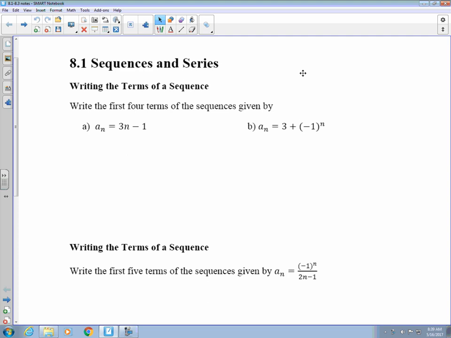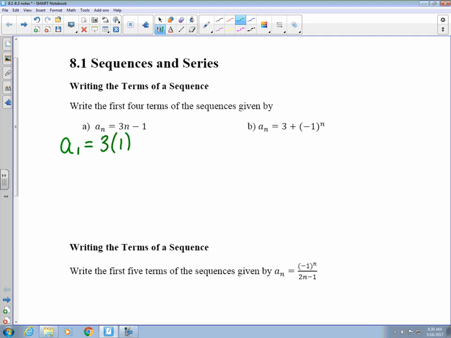So here we have a rule, a sub n, and a sub n is the rule for the sequence. If we're trying to find the first four terms, we just plug in 1 through 4 for n to get four different numbers.